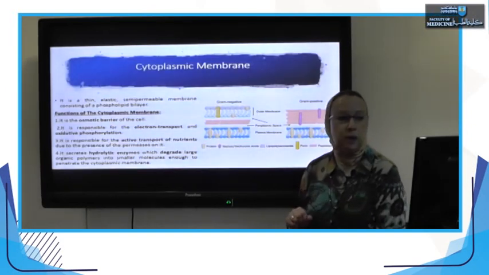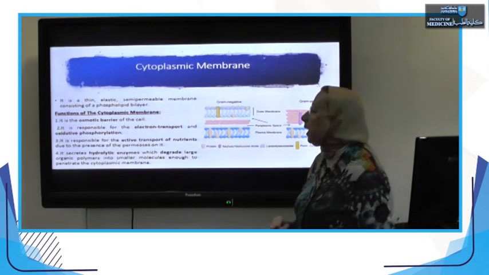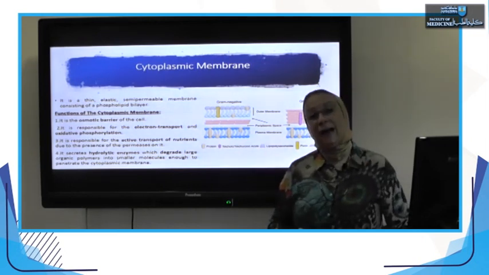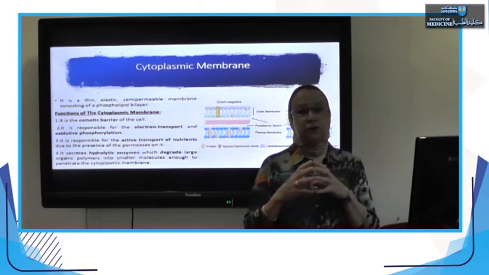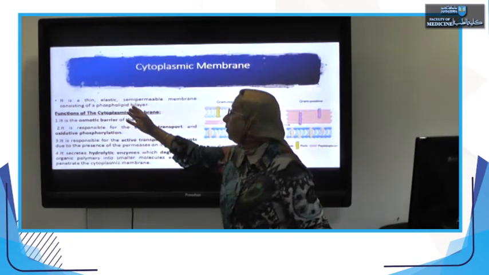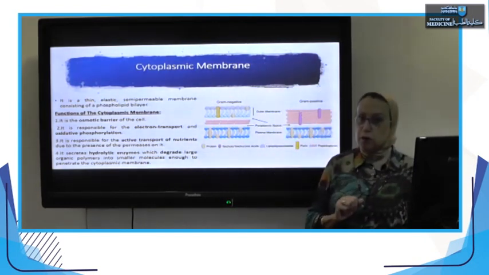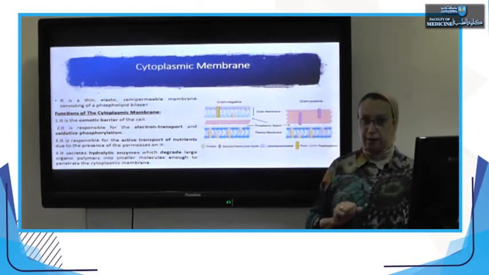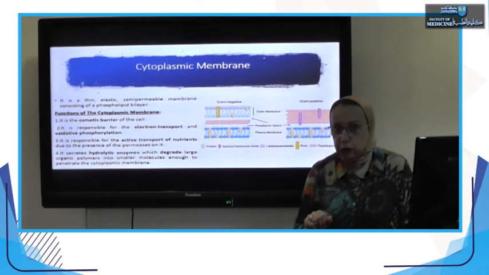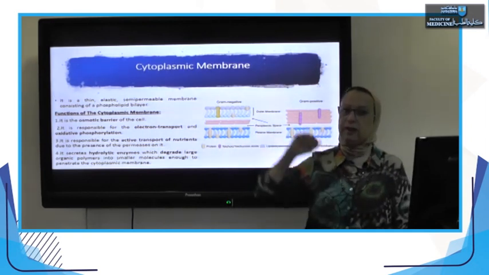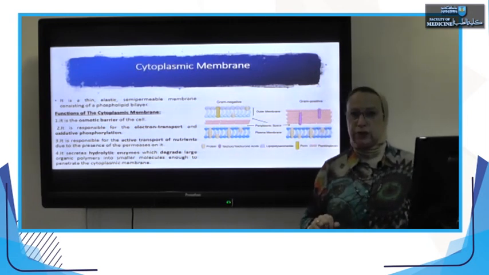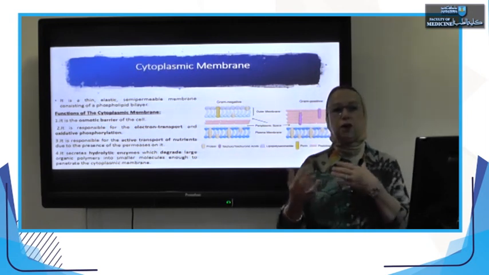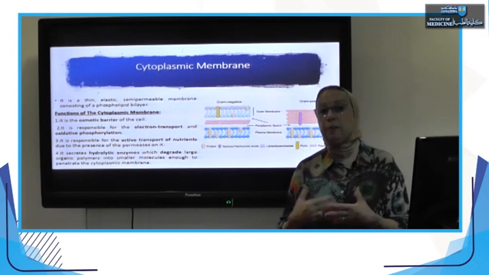Now we discuss the cytoplasmic membrane, or the cell membrane. This cytoplasmic membrane is a thin semi-fluid layer. It is a phospholipid bilayer, similar in structure to the inner leaflet of the gram-negative outer membrane. It carries many functions, mainly the transfer of solutes and selective permeability.